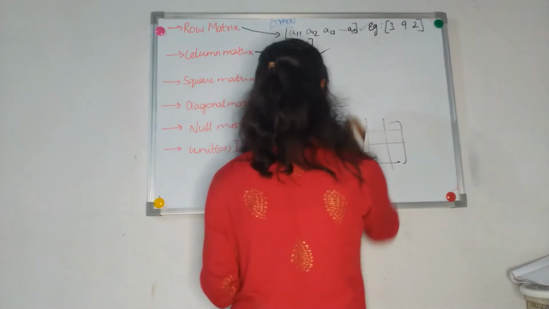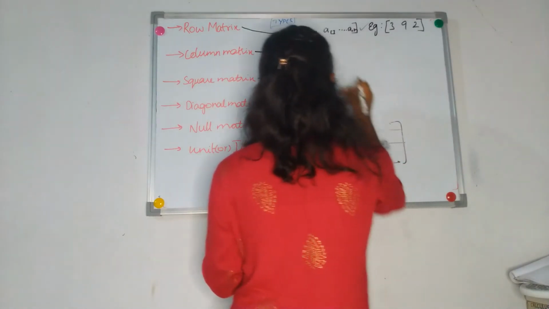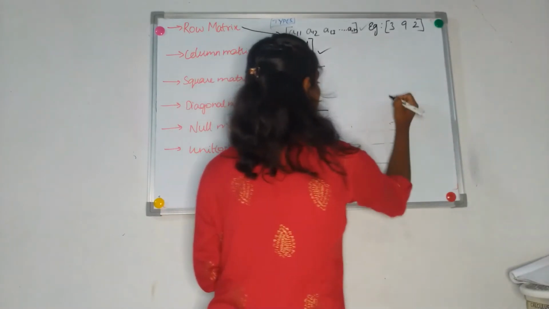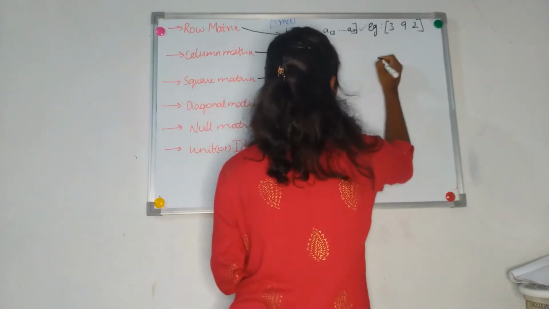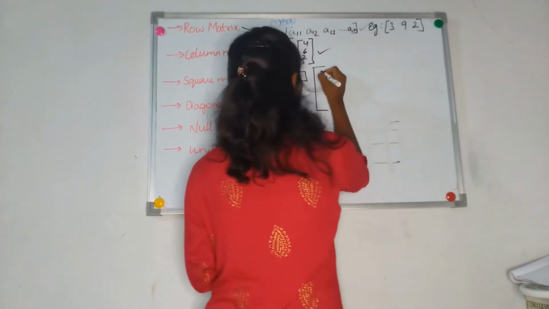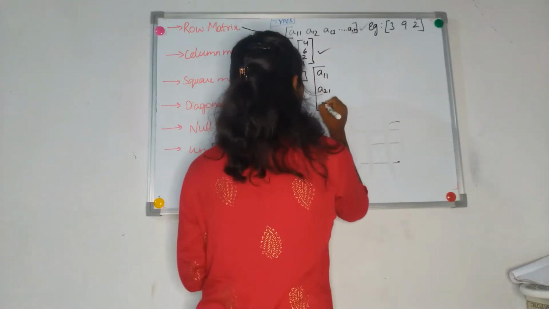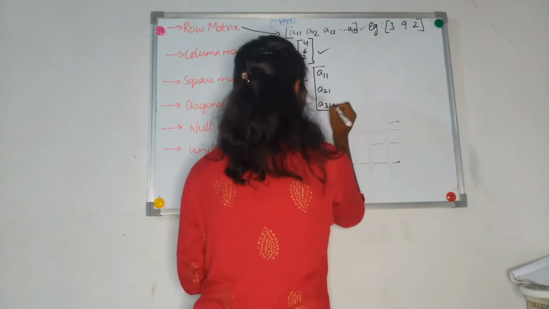If this is a matrix, elements will be A11, A21, A31.